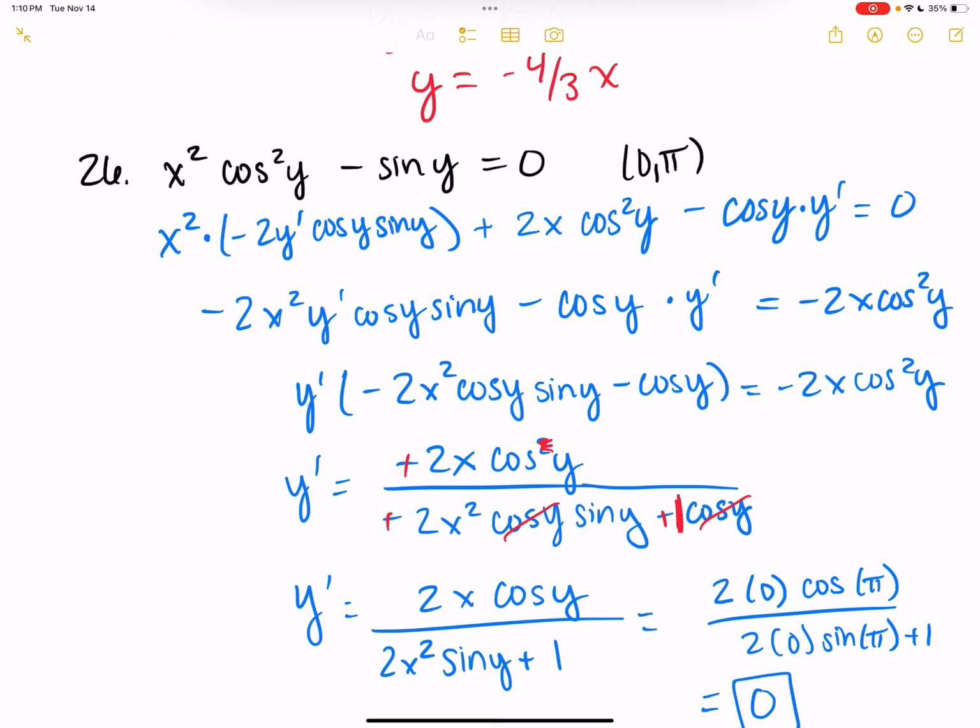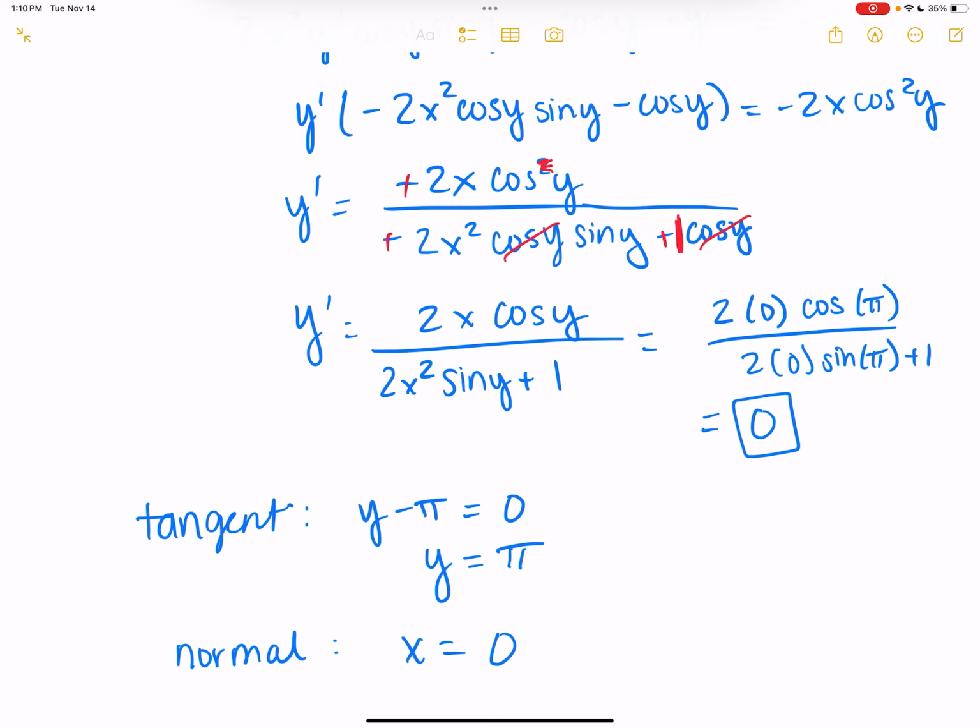A slope of 0 says y is equal to pi. If this point is part of it, then the perpendicular line has to be at x equals 0. Make sense now? Glad I didn't just throw that one to you by yourself. You were losing me for a second.